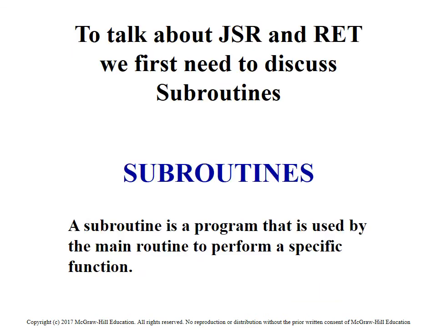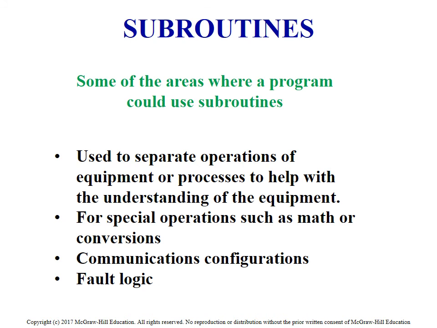So to talk about JSRs and returns, we first need to discuss subroutines, and here I want to break into that a little bit further. A subroutine is a program that is used by the main routine to perform a specific function. Some areas where you could use subroutines are basically to separate operations of equipment or processes, to help maintenance and engineers have a better understanding of the equipment.